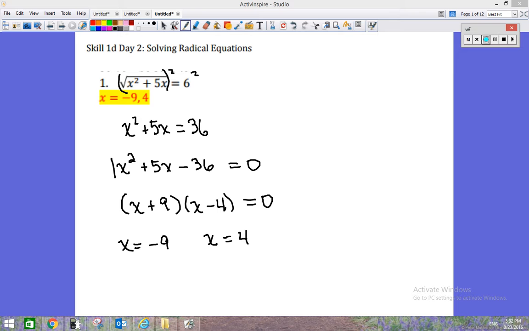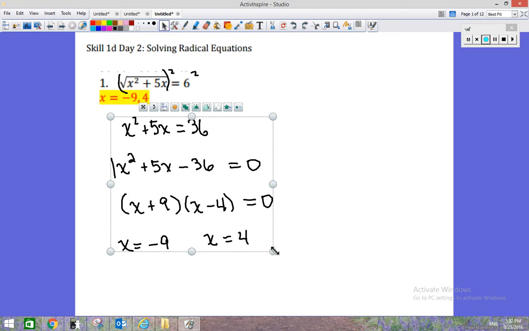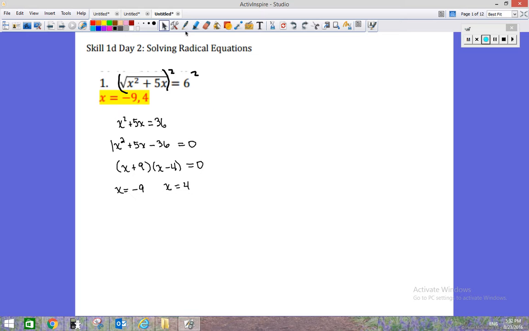So I need to plug those back into the original equation and check to see if they do in fact check. If I plug in a negative 9 on the left hand side, negative 9 squared is going to be a positive 81. And 5 times a negative 9 is going to be subtracting 45.